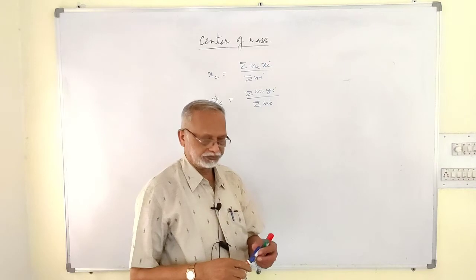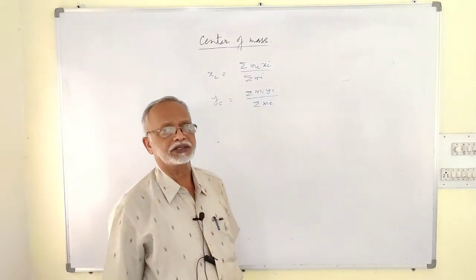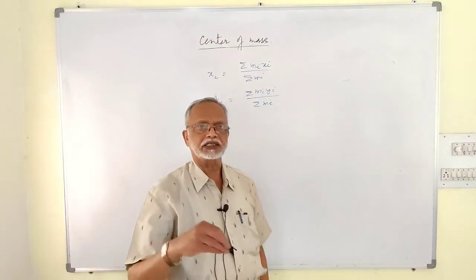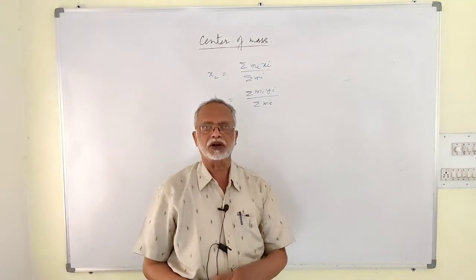Just as we have found xc in the earlier case, like that we can find yc also. Finally we can write xc and yc. Let us consider 2 or 3 simple problems.